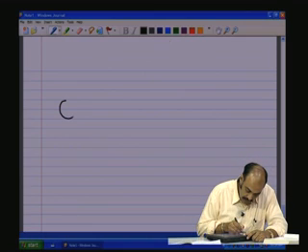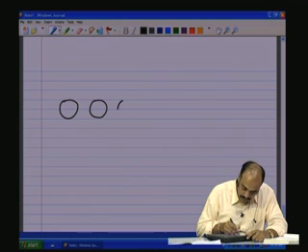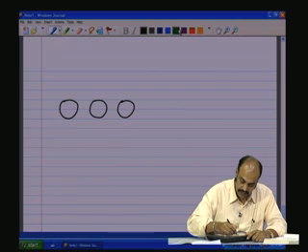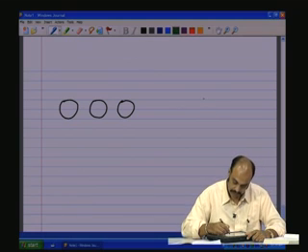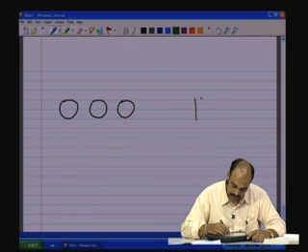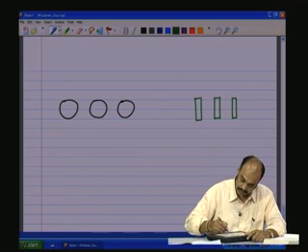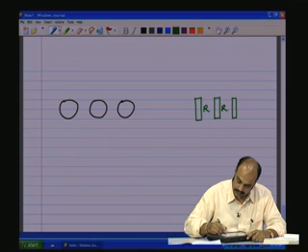So, let us say I have 3 sources, and I have 3 loads which are written in this form: R, R, R.